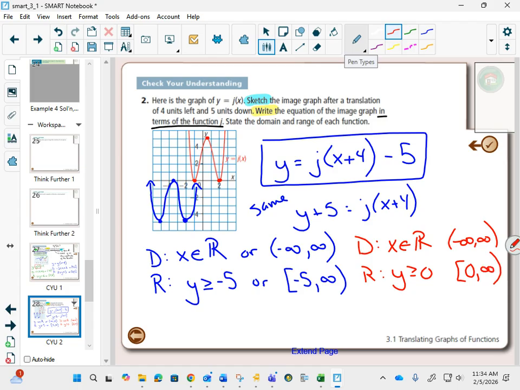We always put round brackets with infinity. I just did something invisible. I just reread the question to make sure I didn't miss anything.